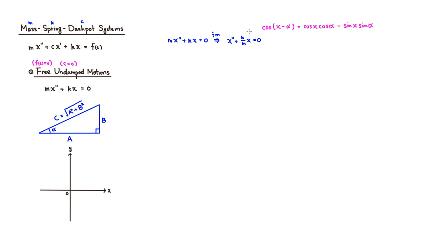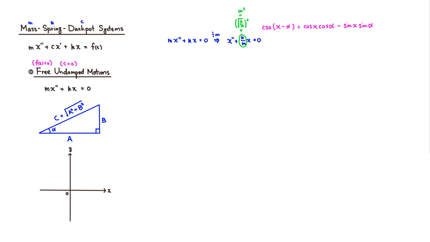Now I'm going to rewrite k over m, which is just a constant, as the square root of k over m squared, and I'm going to let omega equal the square root of k over m. So this is going to be omega squared.